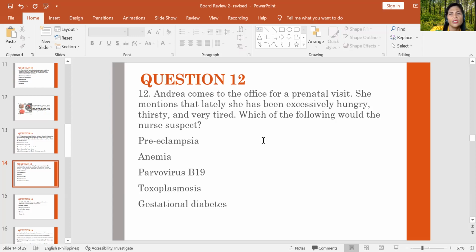Really you need more energy because you are carrying a baby, and the baby is using oxygen and energy. Okay, so preeclampsia involves elevated blood pressure, swelling of the hands and feet, and protein in the urine. Toxoplasmosis naman is the result of infection by a parasite and can affect fetal development.